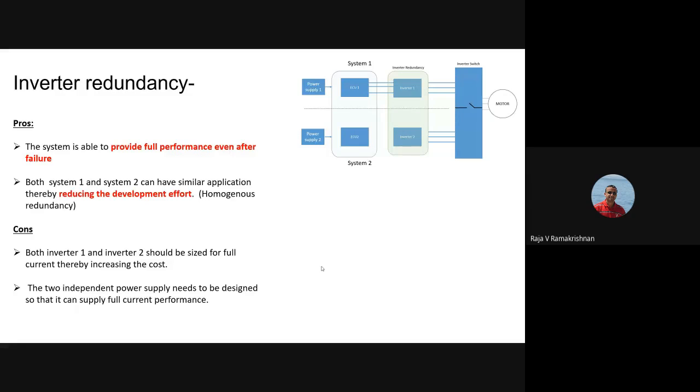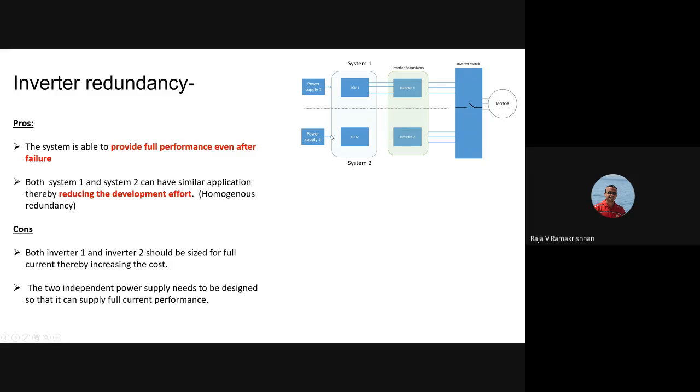Now, the cons of such an architecture: you can quickly see that both inverter 1 and inverter 2 need to be sized for full current, thereby increasing the cost. This inverter 1 is carrying the full current. This also needs to carry the full current. So you need to have two sets of inverters, and the cost of the system is going to go up. The two independent power supplies need to be designed so that they can supply the full current performance.